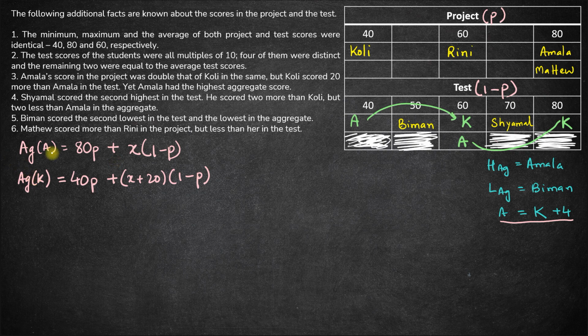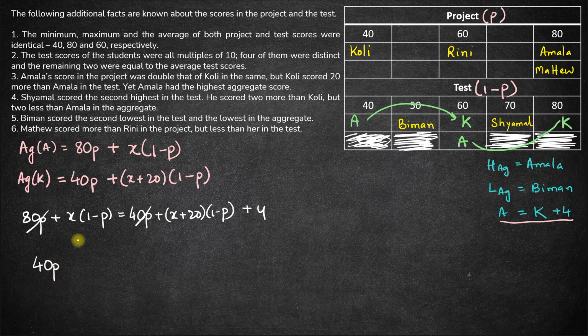So now we know aggregate score of Amala, 80P plus X into 1 minus P, is 4 more than Koli's aggregate, which is 40P plus X plus 20 into 1 minus P, right? So 80P minus 40P becomes 40P.